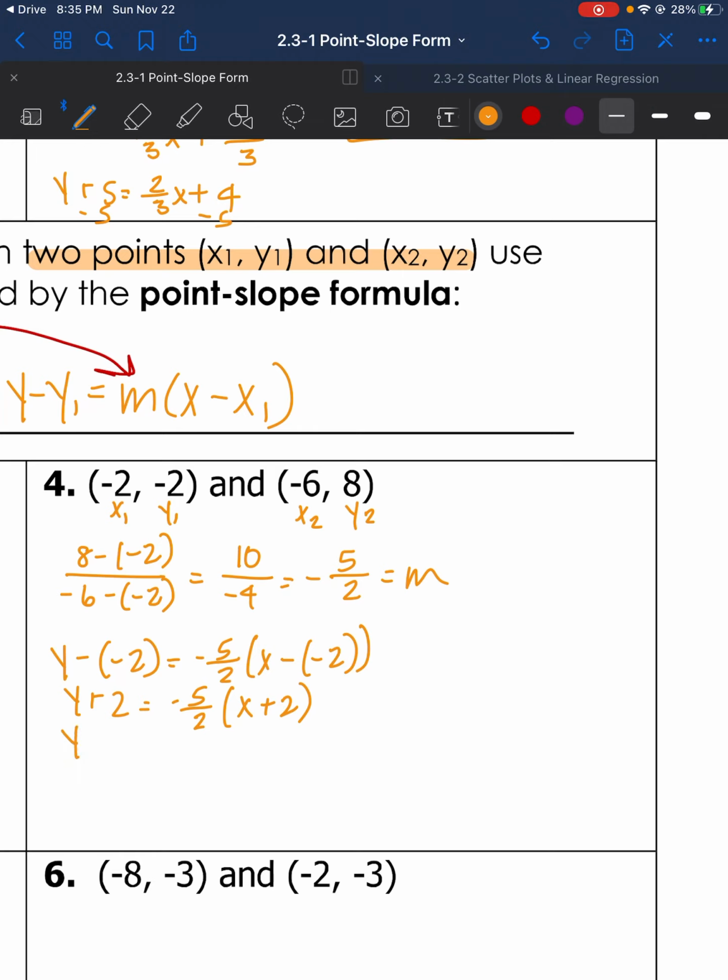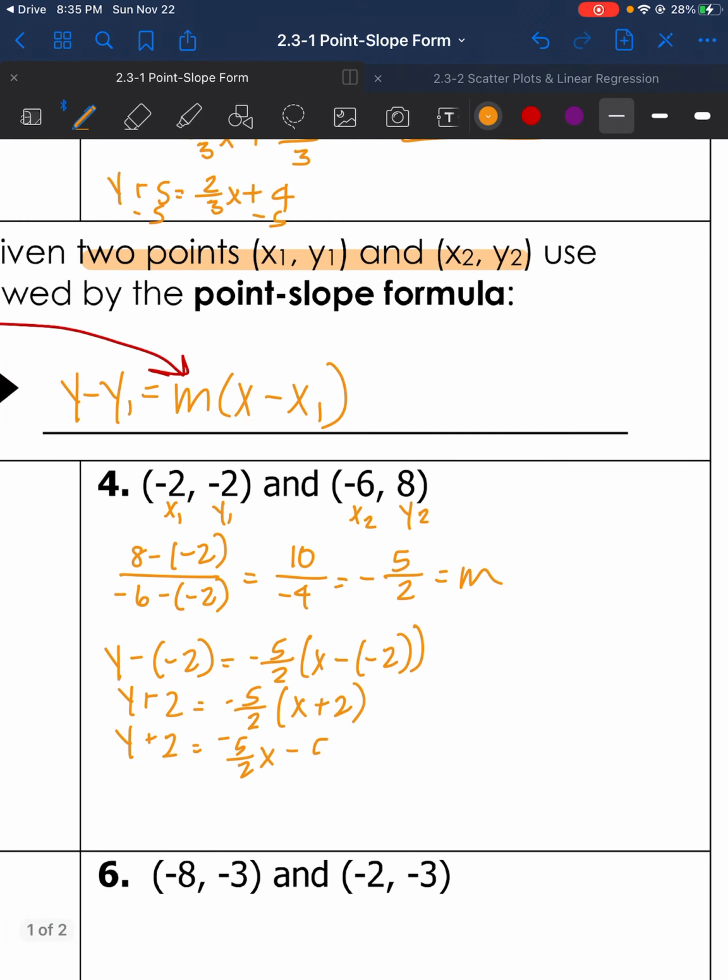Distributing that 5 halves, y plus 2 is equal to negative 5 halves x minus, negative 5 times 2 is negative 10, over 2 is negative 5 here. Then we'll subtract 2, and we get y is equal to negative 5 halves x minus 7.